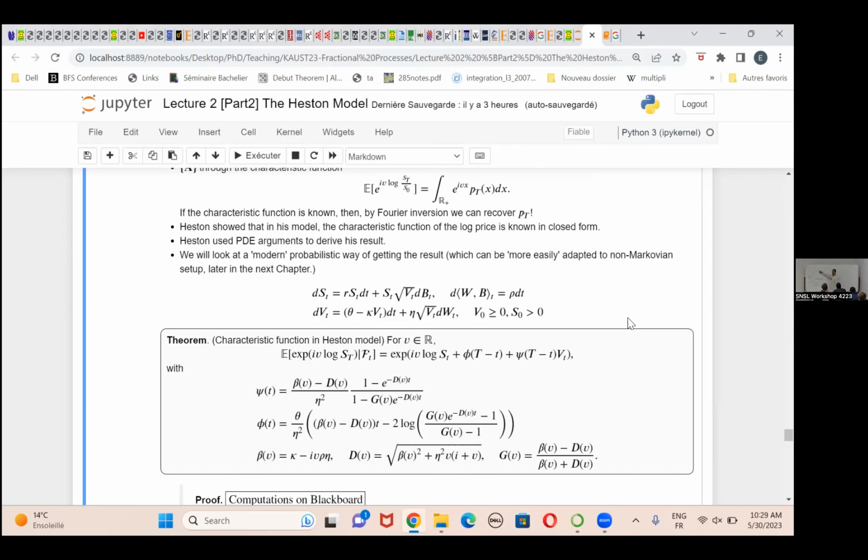And if star is true, then this term, by definition, is M_t. So if star is true, if my ansatz is true, I assume, then this tells me that M, that's why I called it M, is a martingale. M is a martingale.